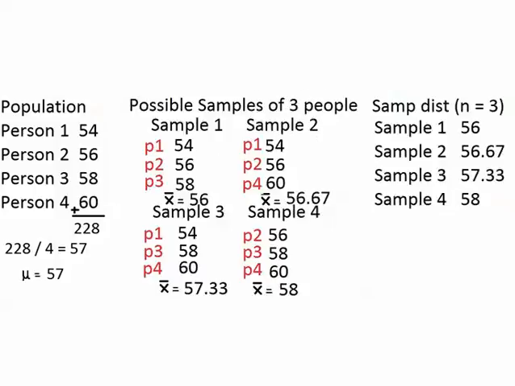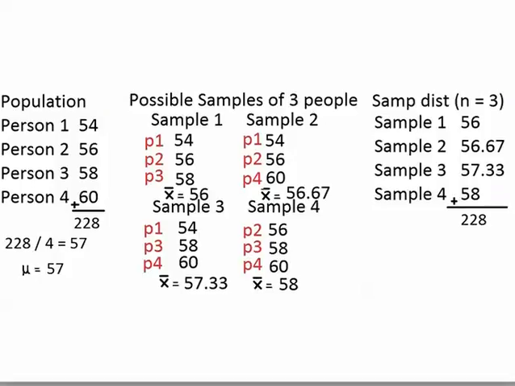Let's now look at one other example of how the mean of the population equals the mean of the sampling distribution. We already know that the mean of these four people in the population is 57. If you add their four heights and divide the total by 4, it comes out to 57. And what we're going to look at right now is how the mean of these four sample means also equals 57.